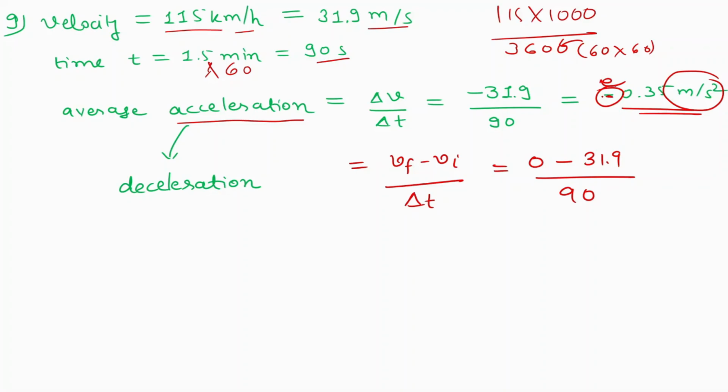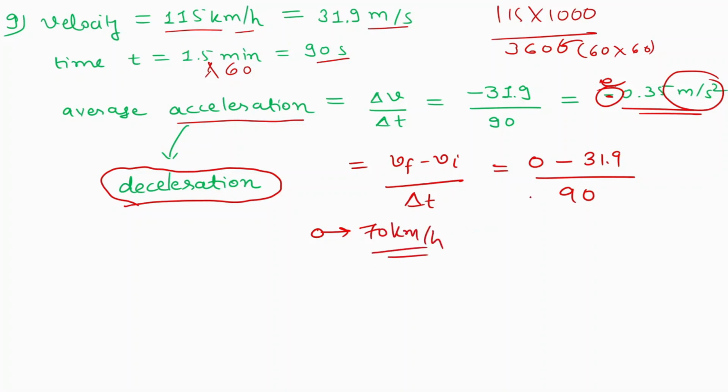But here you will see that the answer is negative. What does it mean? The velocity is decreasing with time, meaning some kind of deceleration. In the first case, the car goes from rest and takes some time to gain velocity.